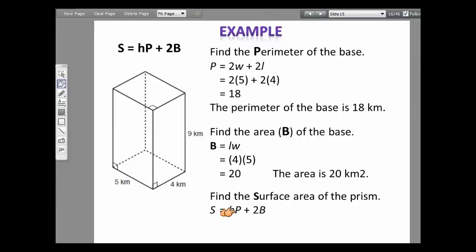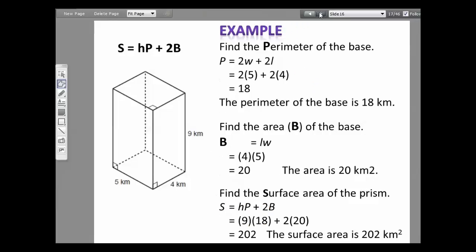You've got little h, capital P, capital B that you've got to fill in. So I've got 9 for my height, 18 for capital P, 20 for capital B. I plug all of that into my calculator, and it should shoot me an answer that says 202. So my surface area is going to be 202 kilometers squared.